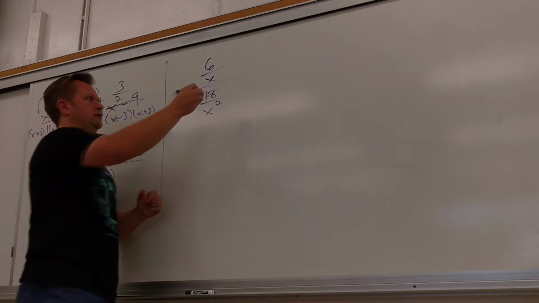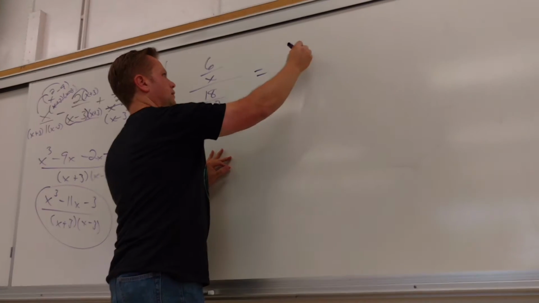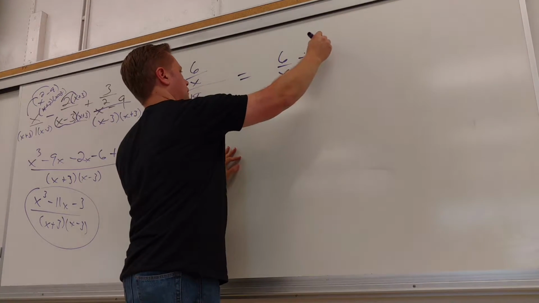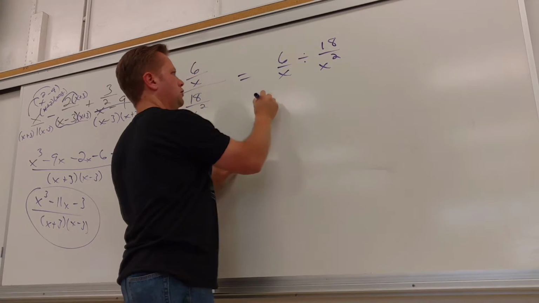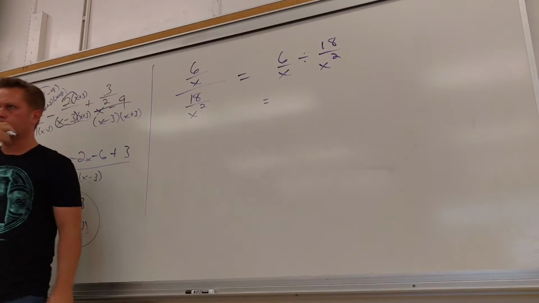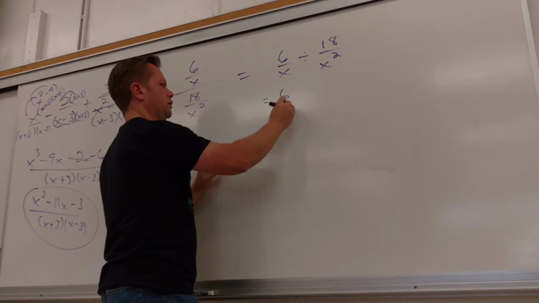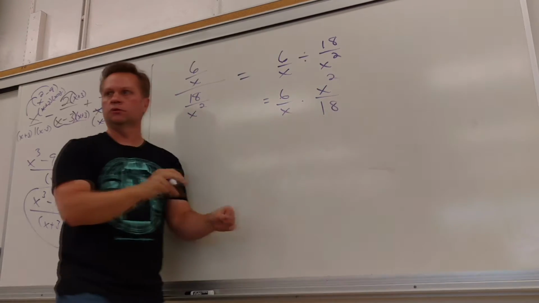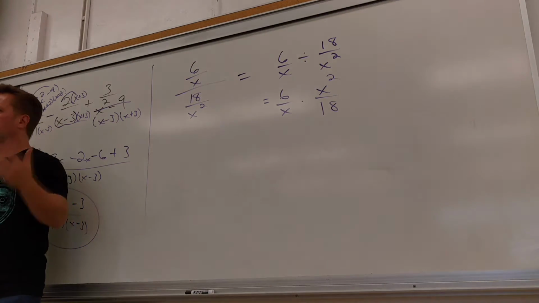How else can I write this? What's a better way to write this? 6 x divided by... And then how can you do that? Just flip it again. Yeah, exactly. So like we said earlier, I explained why this works, but just multiply by the reciprocal, and then what can you do? Reduce. I love it.